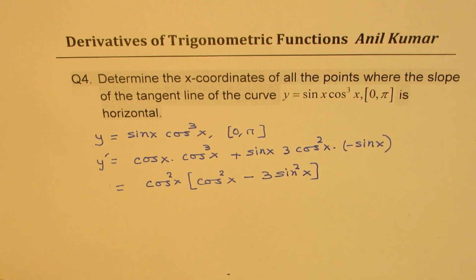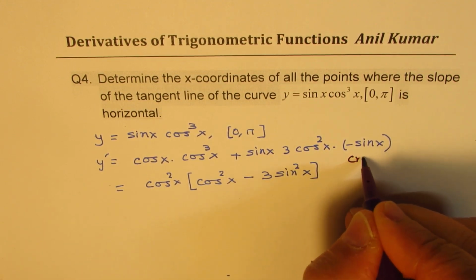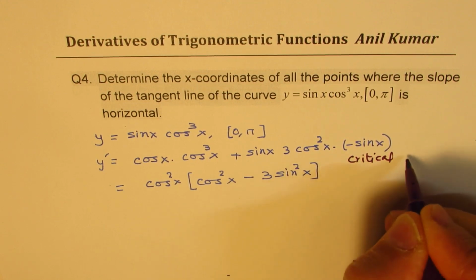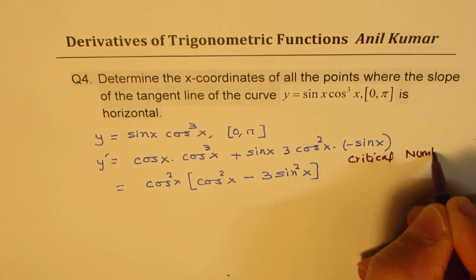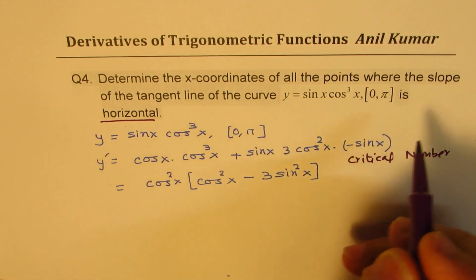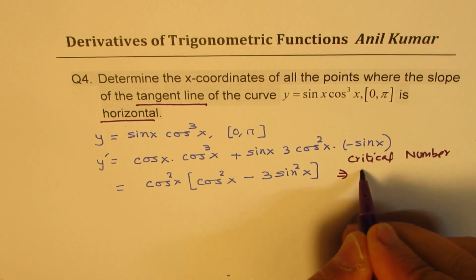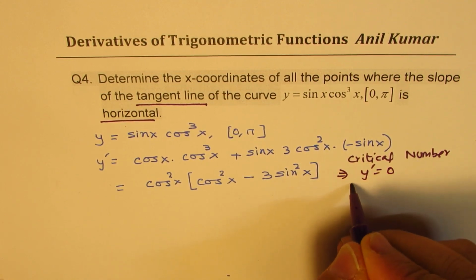Now for the critical numbers, what is a critical number? In this case, we want a horizontal tangent, right? So the tangent line is horizontal. That means y dash should be 0 for a horizontal tangent.